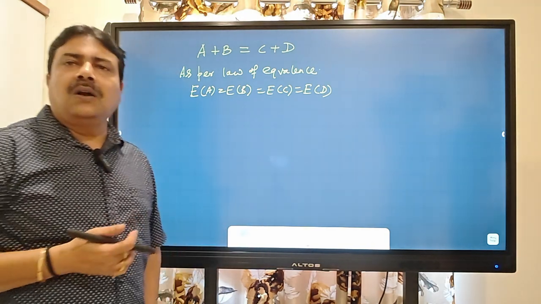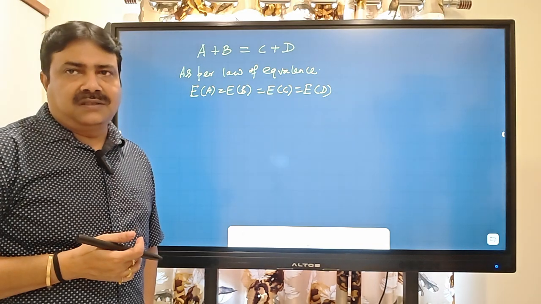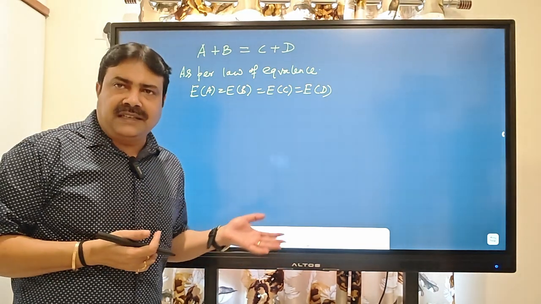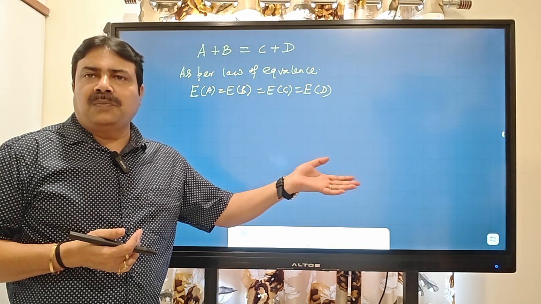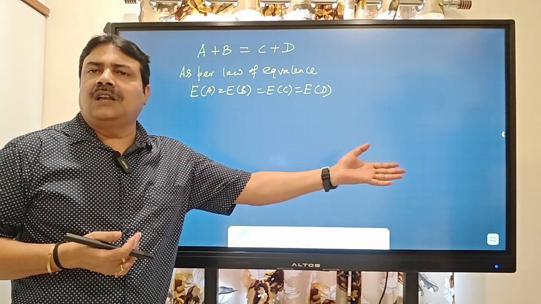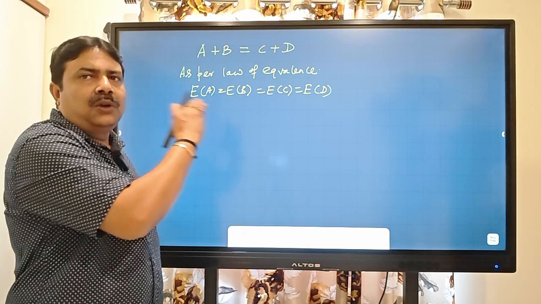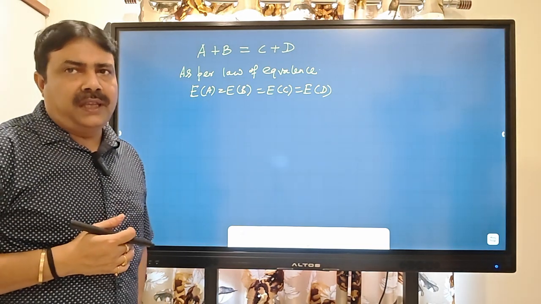So that is called the law of equivalence. Equivalence of one reactant will be equal to the equivalence of the other reactant, will be equal to the equivalence of a product, will be equal to the equivalence of the other product. Is it clear or not? So this is called the law of equivalence.